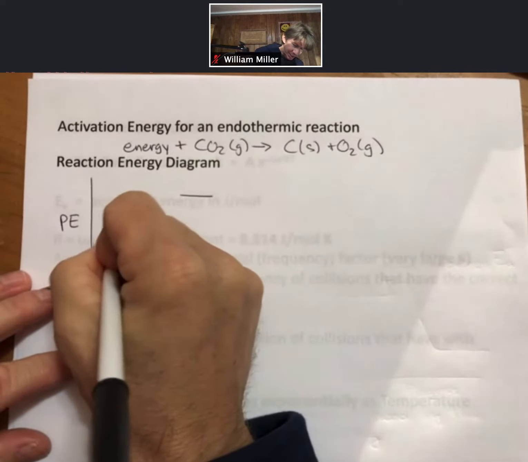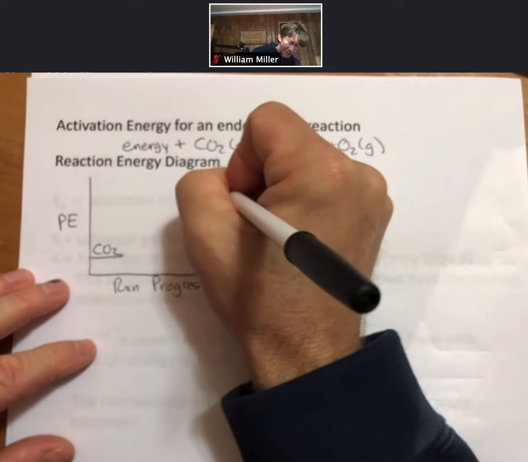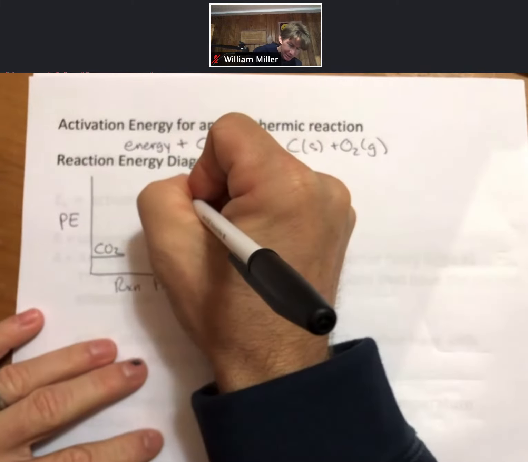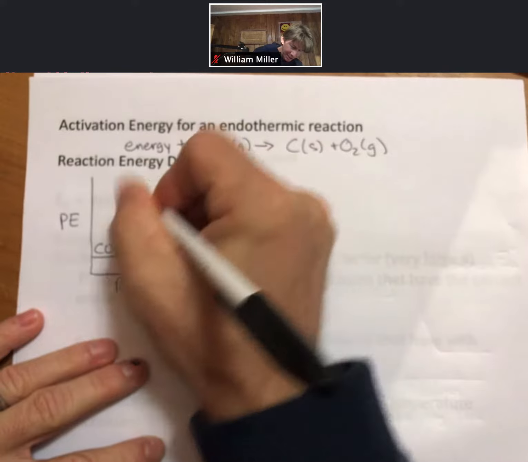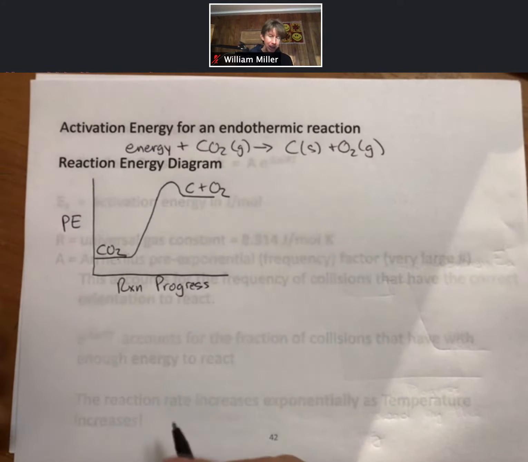Now we've got carbon dioxide as our reactant and carbon plus oxygen as our products. And the whole line is still the same. So everything about this graph is still the same, except how we define the activation energy.